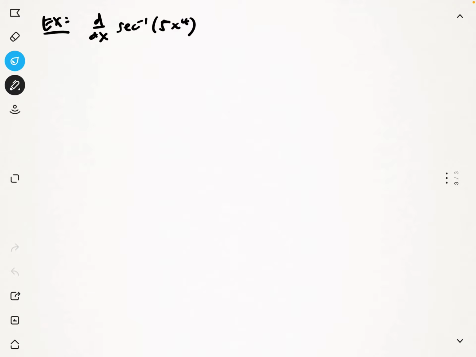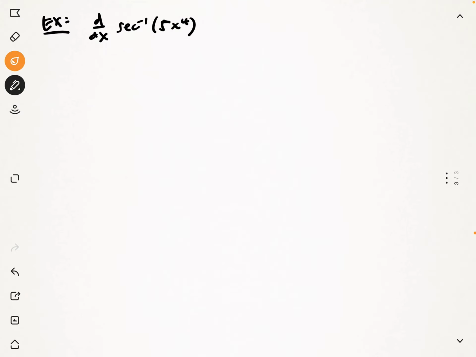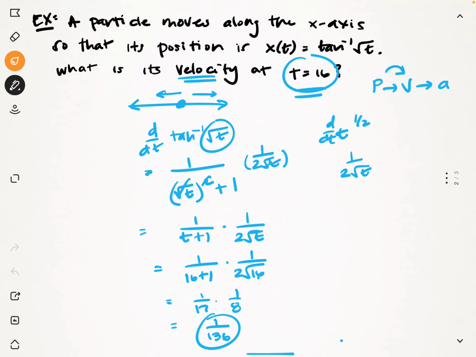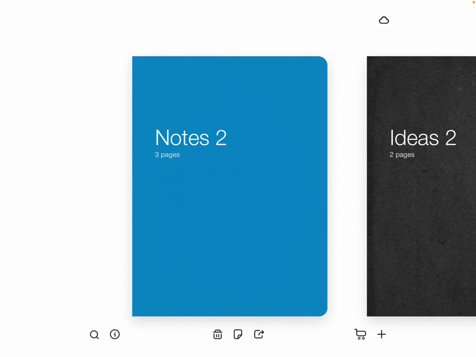All right, last one. We're just keeping in mind more practice, and we need to be good with our chain rule on this one. So the secant inverse, let's go back here, is 1 over the absolute value of x times the square root of x squared minus 1. Okay, so let's go back here.